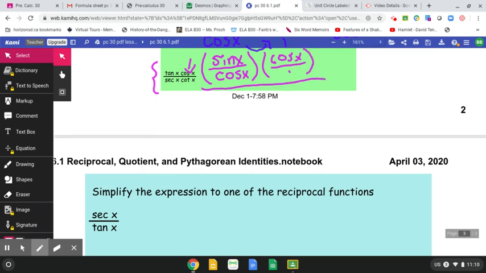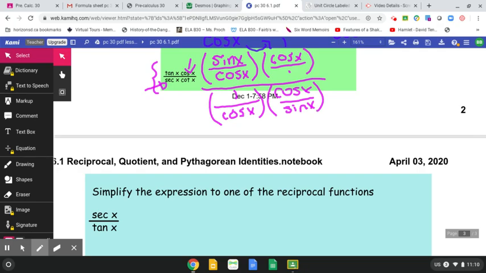And then over, now secant is 1 over what? Cos x. Lovely. And cotangent is what? Do you guys remember what cotangent is? Cotangent is cos over sine. So cos x over sine x. All right.